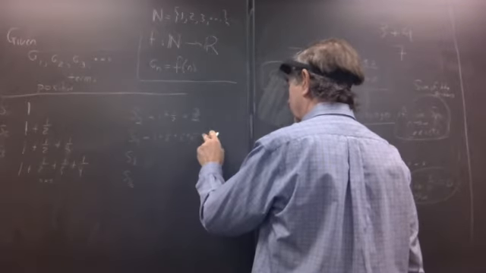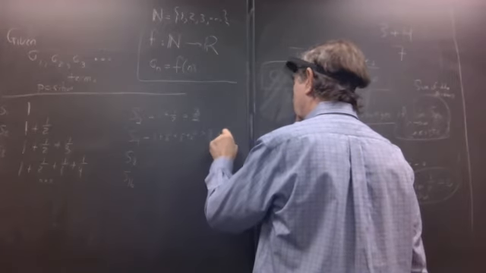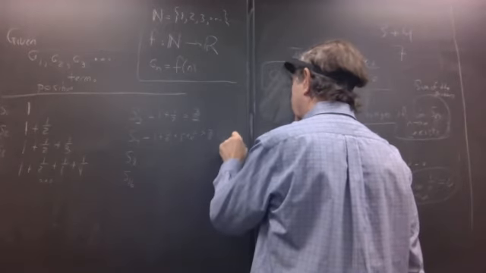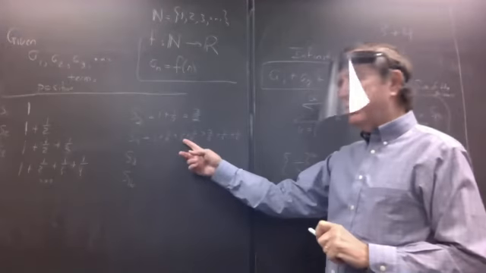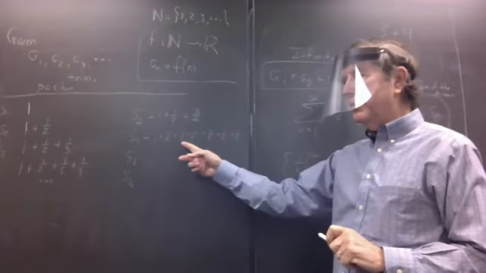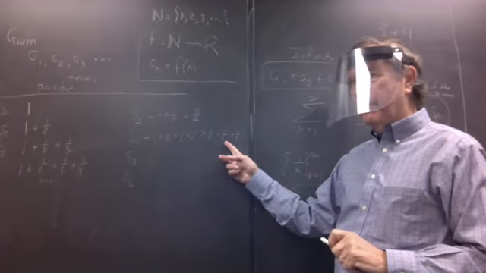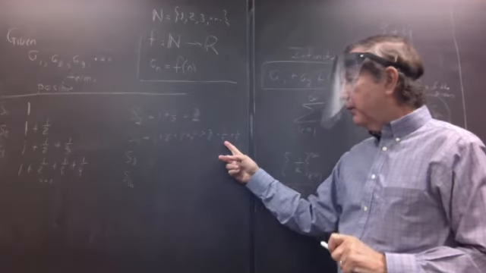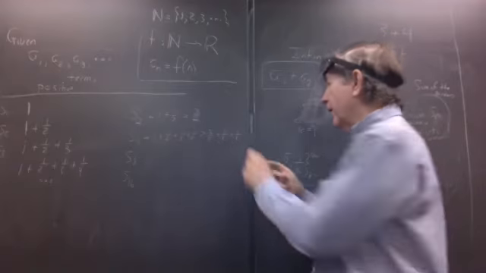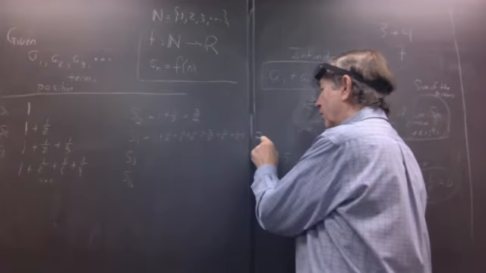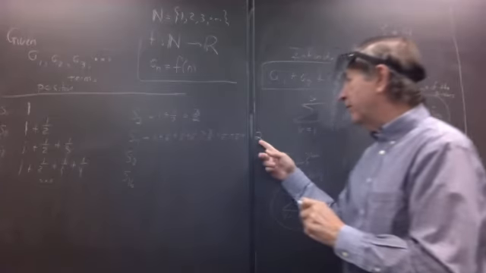I'm going to say this is greater than a fourth plus a fourth, because if I replace a third by 1/4, I'm replacing a bigger number by a smaller number. Okay, so S4 is bigger than 3 halves plus a half, and that is 2. So S4 is bigger than 2.